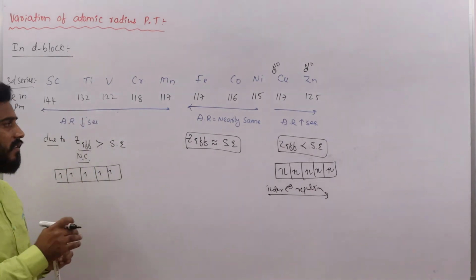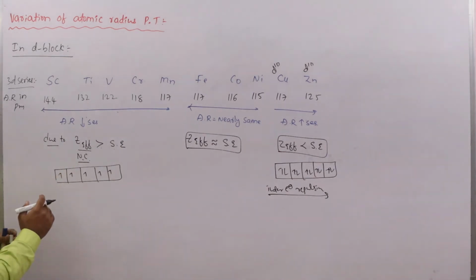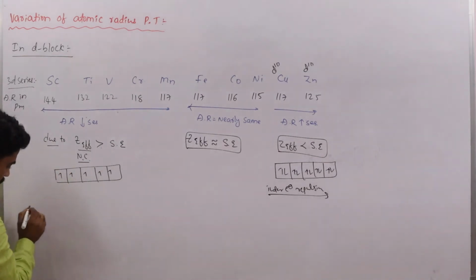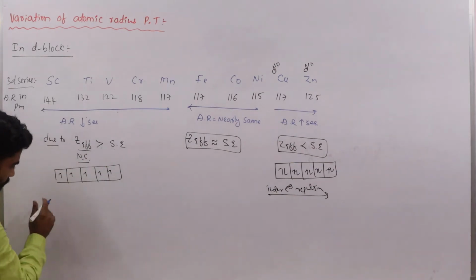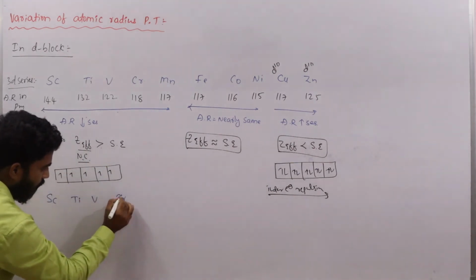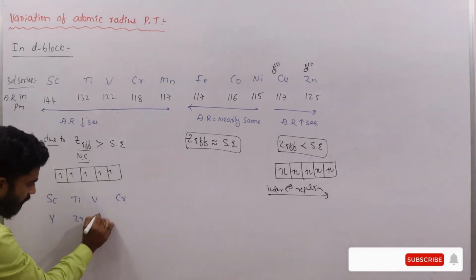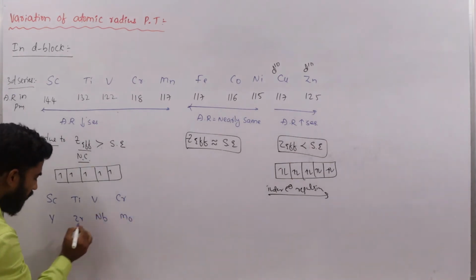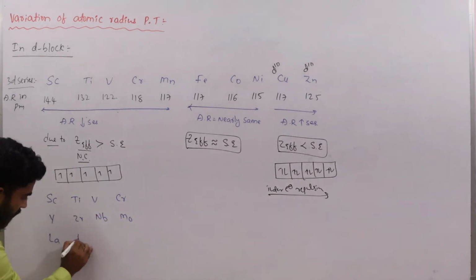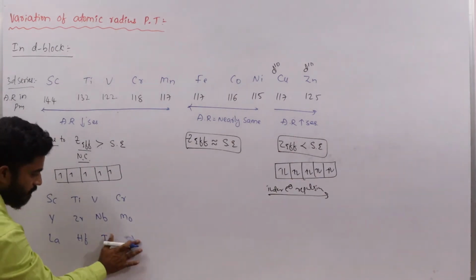Okay. Next, in D block elements, when you observe group wise: scandium, titanium, vanadium, chromium, next yttrium, zirconium, niobium and molybdenum, next lanthanum, osmium, tantalum and tungsten.